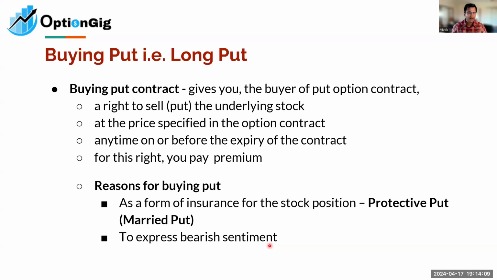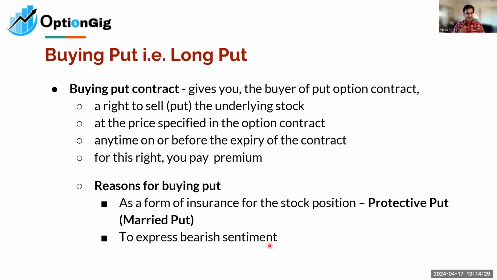So net, I made $30 minus $4 that I paid to get into this contract. I made $26 per Google share. So these are the two reasons for someone who may buy a put option.